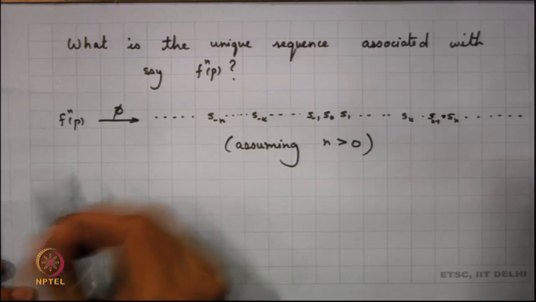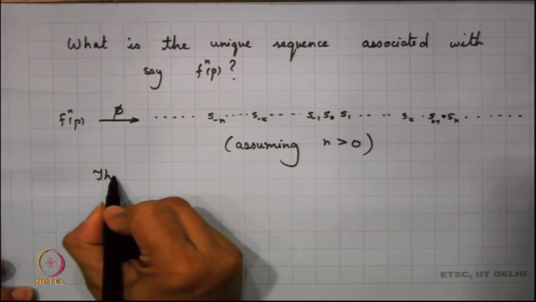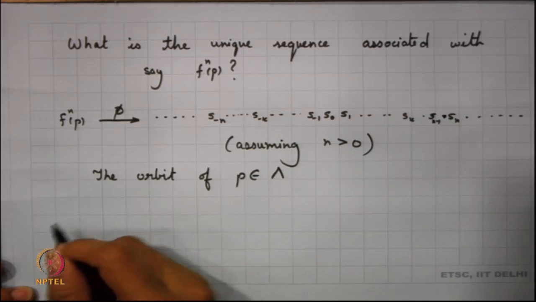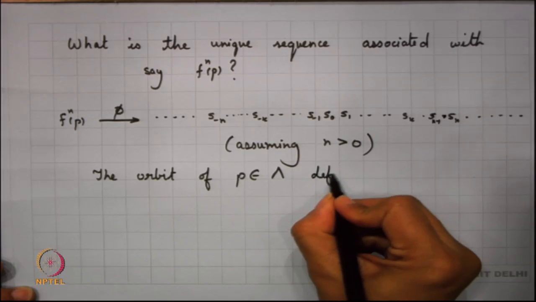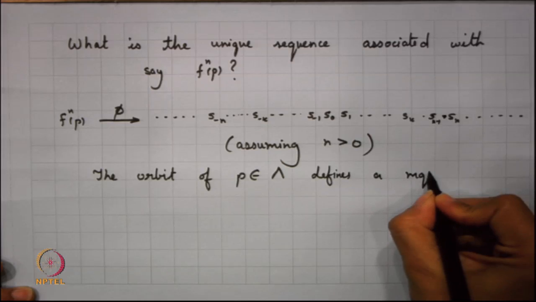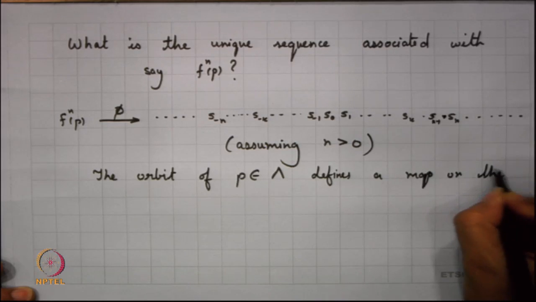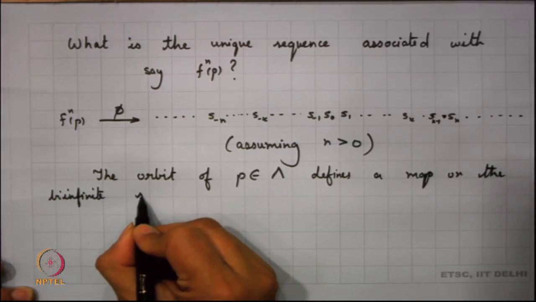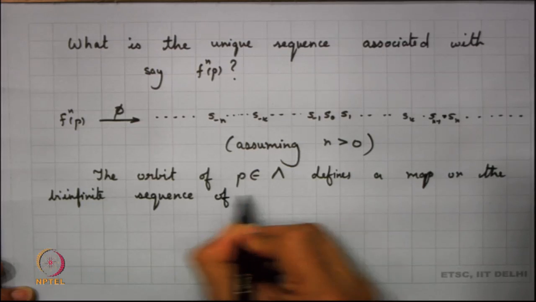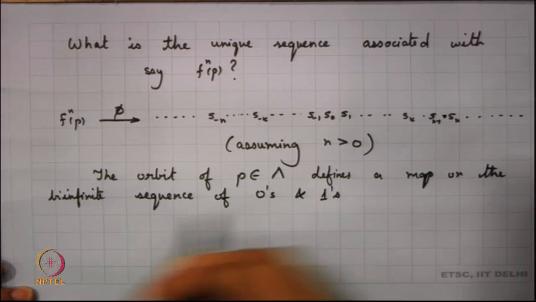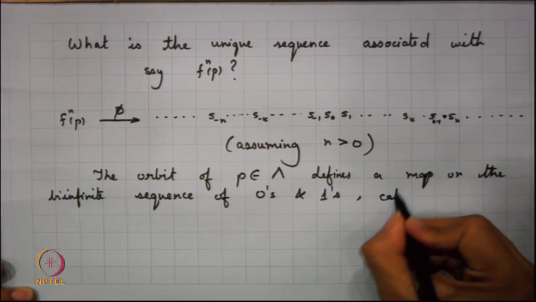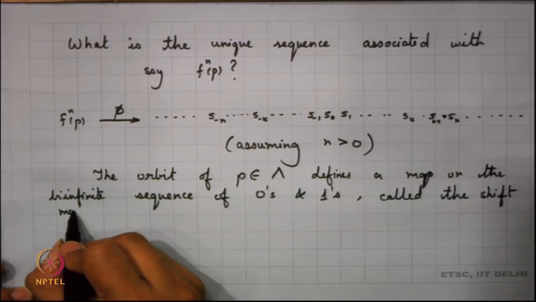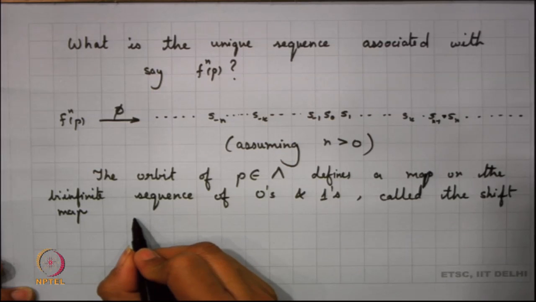So, what we find out is that the orbit of p in this horseshoe attractor defines a map on the bi-infinite sequence, which is called the shift map, where I define the shift map.